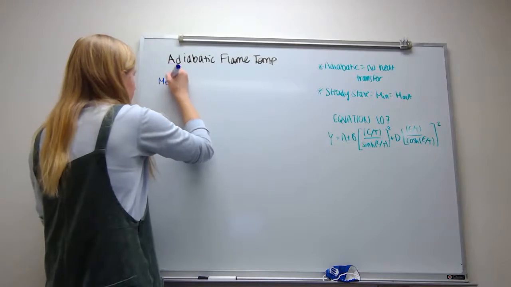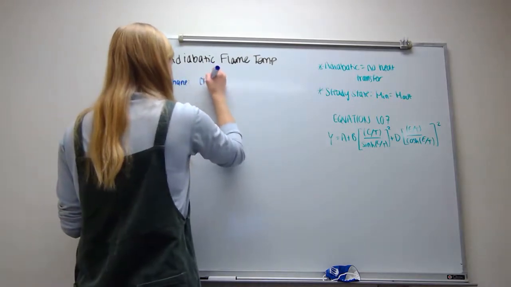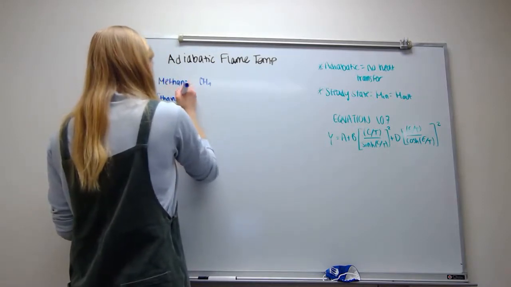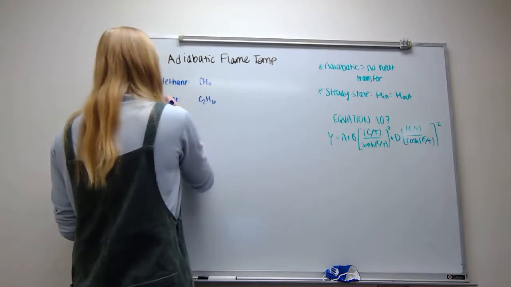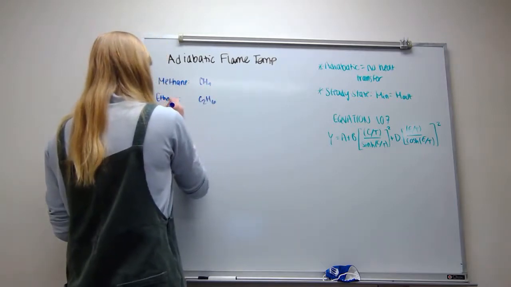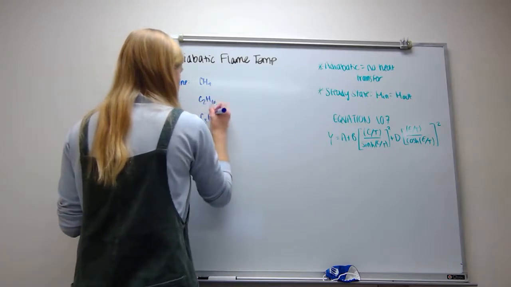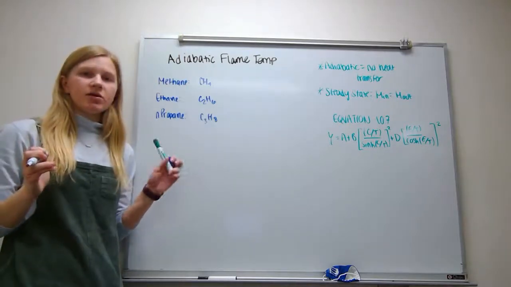We have methane, which is CH4. We have ethane, which is C2H6. And we have n-propane, which is C3H8. So those are what is in our fuel.